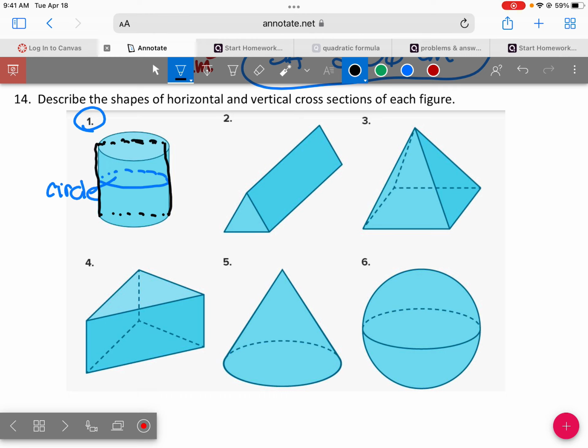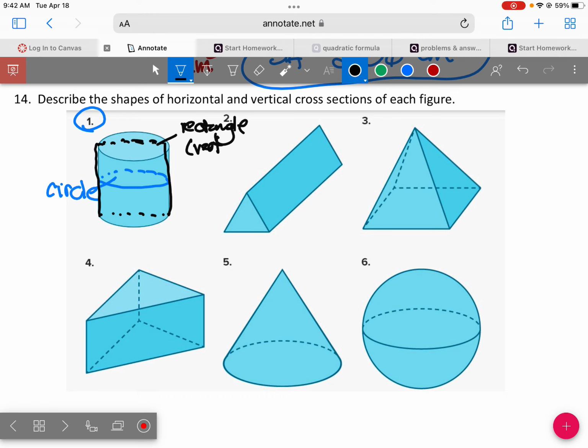Two cylinders. If I cut it, no. If I cut it, it's only going to be two-dimensional. If I'm making a cut, okay, a rectangle. It is going to be a rectangle. Yes. So the vertical cross section is going to be a rectangle.